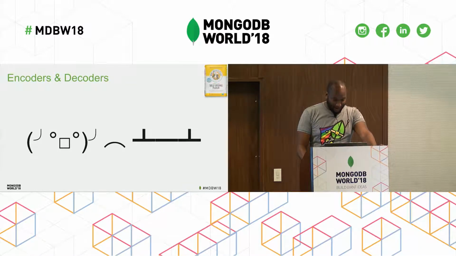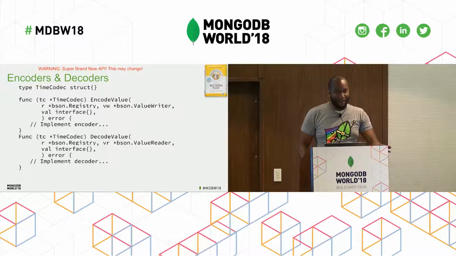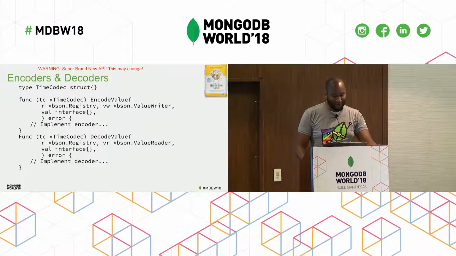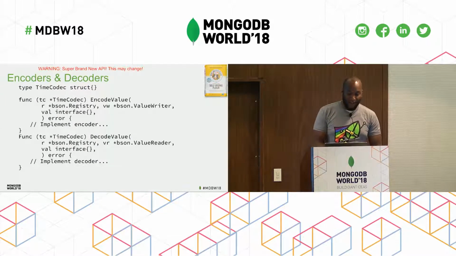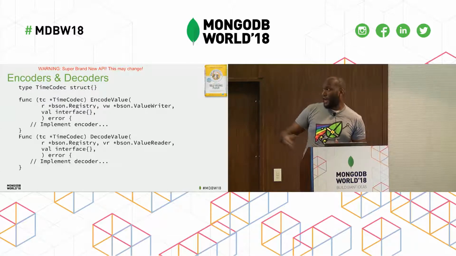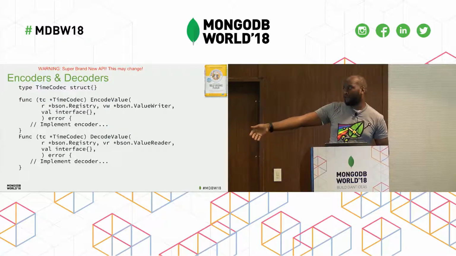So that said, we have a super brand new API that will probably change, and it's still in the design phase, but I think it's really awesome, so I want to tell everybody. We have this way of registering a codec. And a codec is a thing that for a particular type will handle the encoding and decoding of that value. And the method signatures look like this.